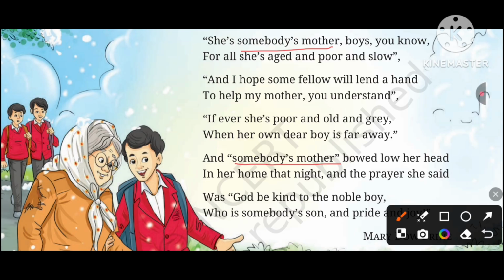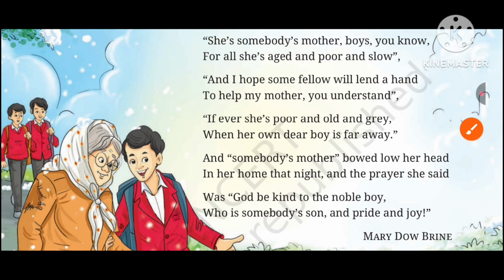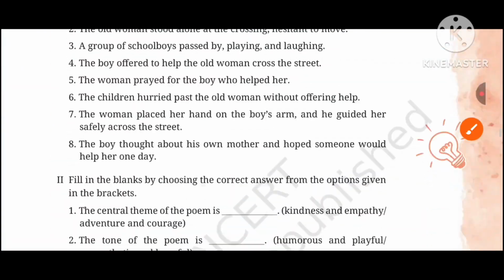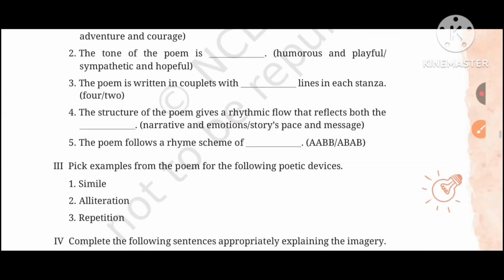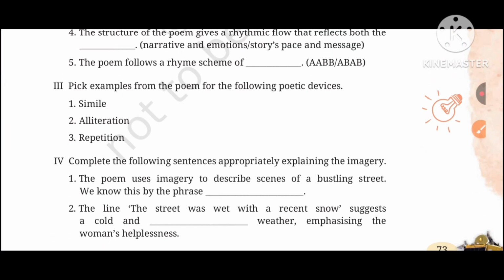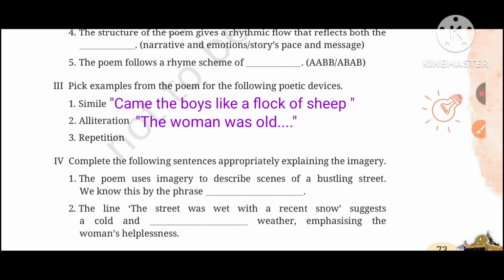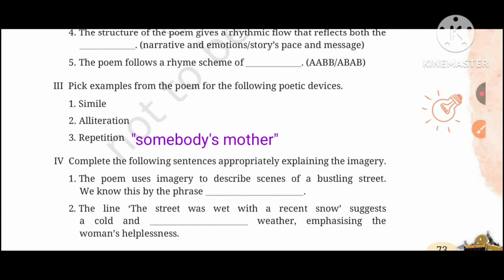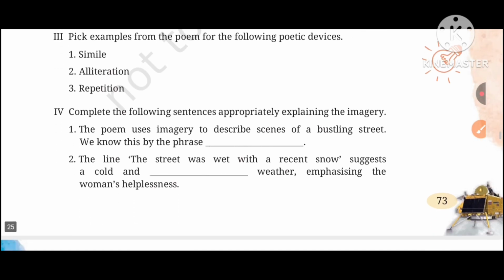So repetition of this word tells us that this is a repetition. So here we have seen the example of simile is the boys came like a flock of sheep. Alliteration, we can see other examples of alliteration here, and repetition is somebody's mother. This phrase has been repeated in this poem.